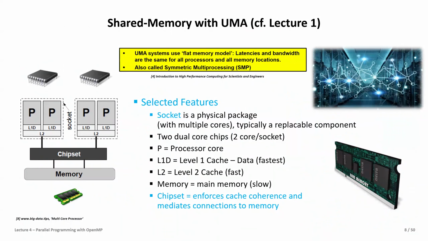So let's look at UMA and CC-NUMA quickly again. By now you know that these are almost similar from the programming perspective, but of course from the architectural design on the chips they are a bit different. For us, however, it's important to understand that the memory model you have, including caches, is very beautiful.